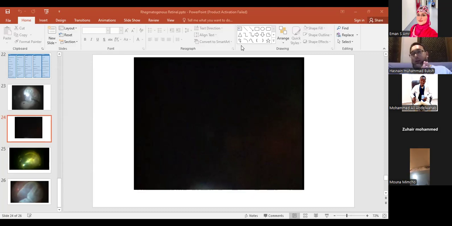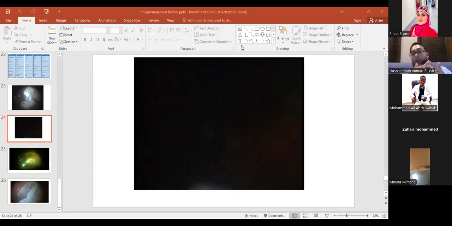Scleral indentation helps us to see the peripheral breaks. In pseudophakic rhegmatogenous retinal detachment, most of the breaks are present at the periphery. During the surgery, you have to shave off as much vitreous as possible, and for that scleral indentation is very important.